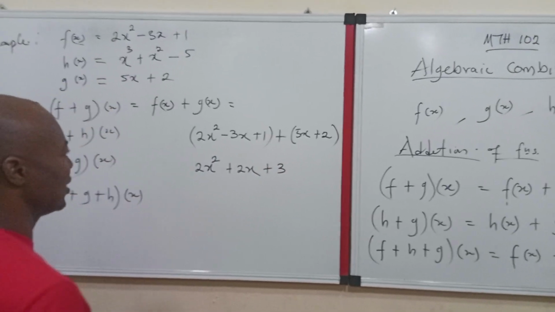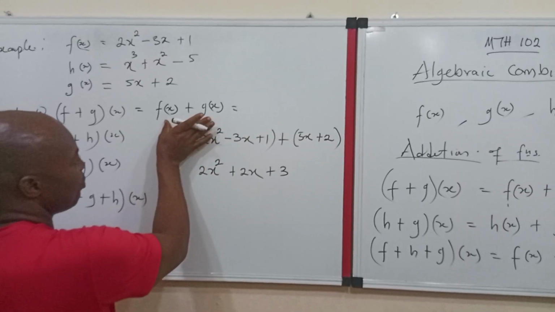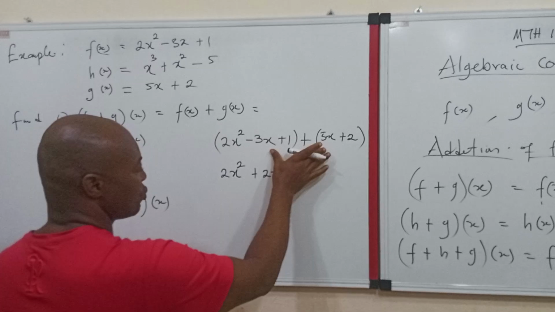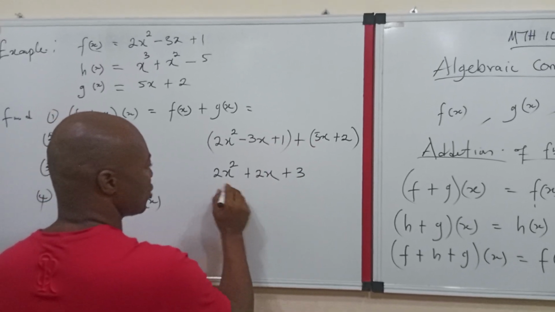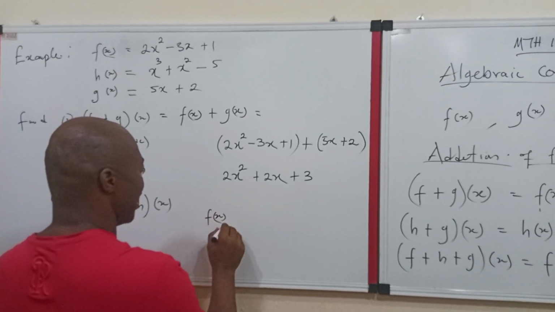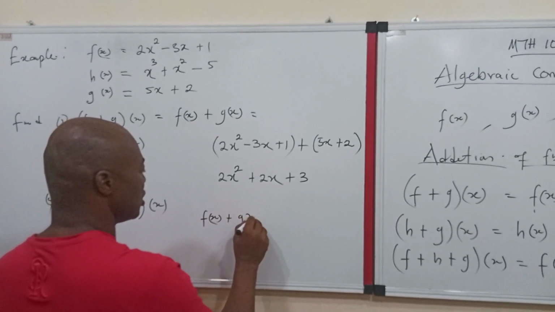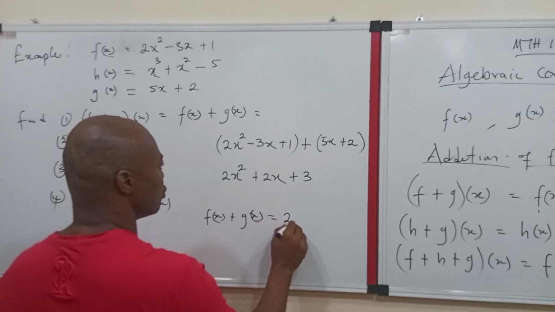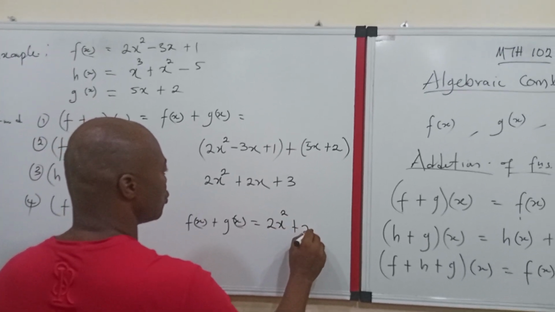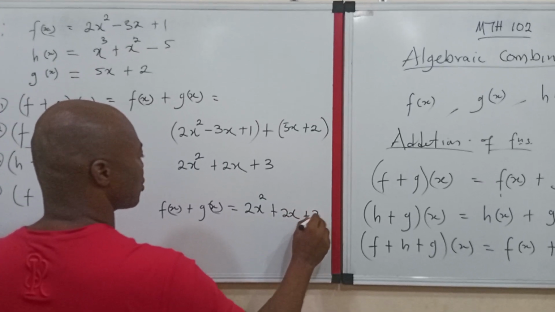So we are saying that when you take the addition, the combination of these two terms, this is what we have. So in other words, we are saying that f of x plus g of x is equal to 2x raised to the power 2 plus 2x plus 3.